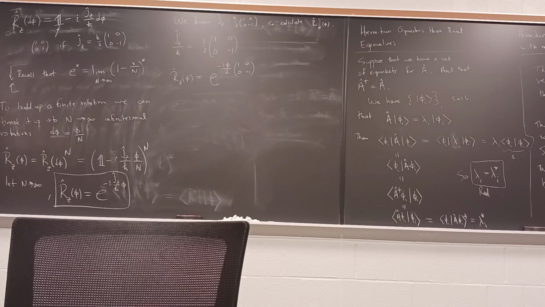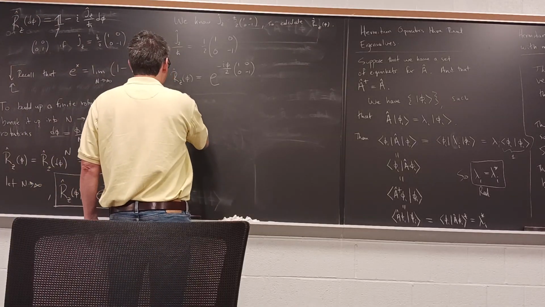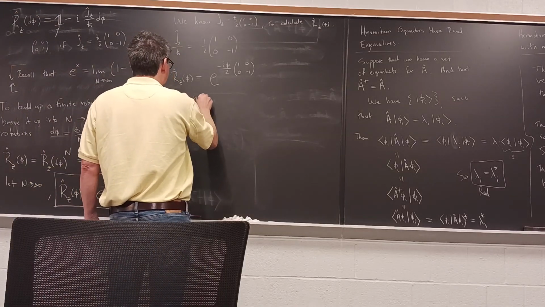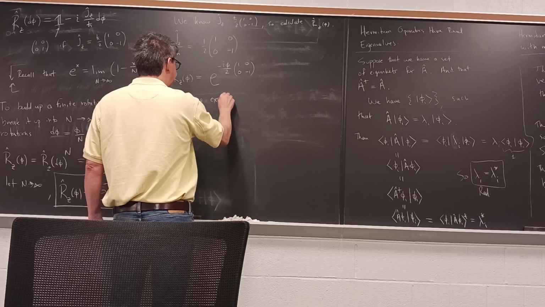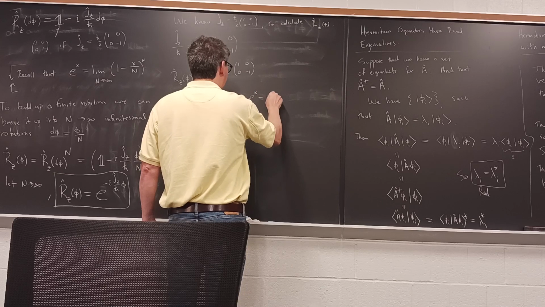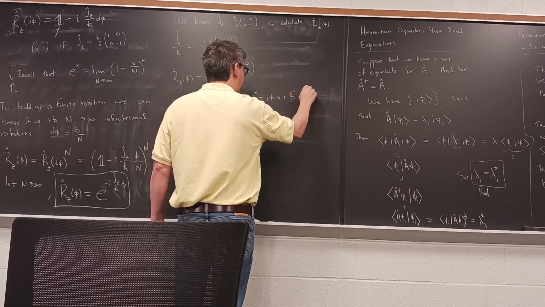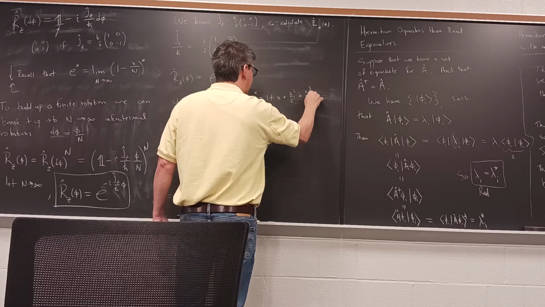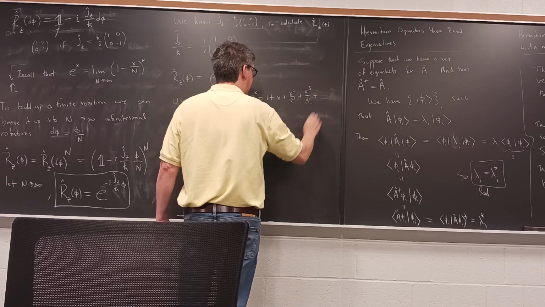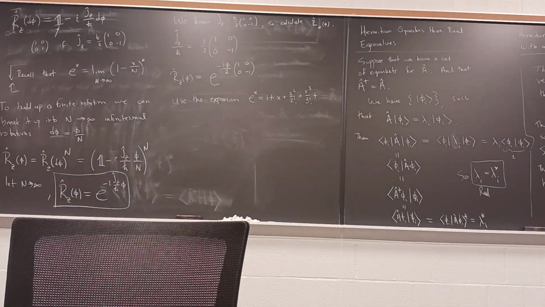So it's the exponential of a matrix. The only way to define this is to just use the expansion: e to the x is equal to 1 plus x plus x squared over 2 factorial plus x cubed over 3 factorial plus dot, dot, dot. And we'll just calculate it.